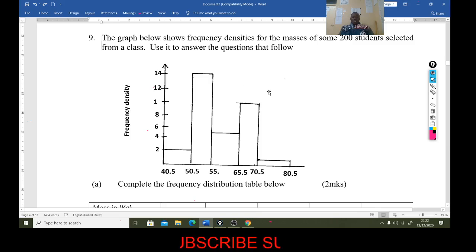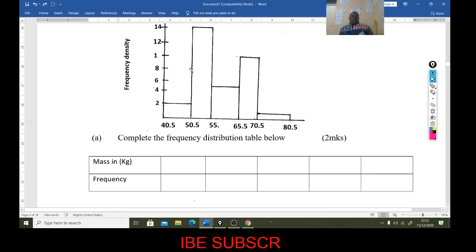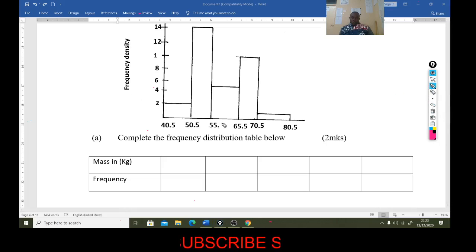Now we use the graph that we have to answer the questions that follow. Now we complete the frequency distribution table. Remember, this is frequency density and there is a 0.5 here.